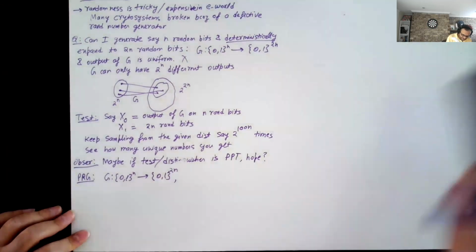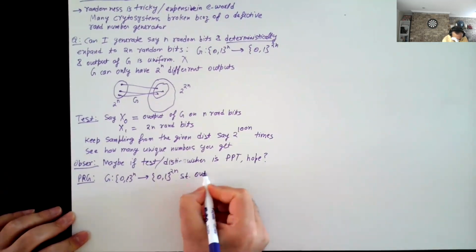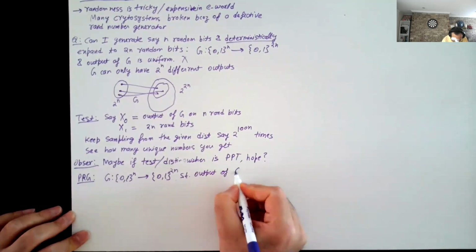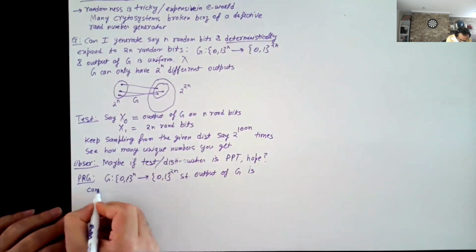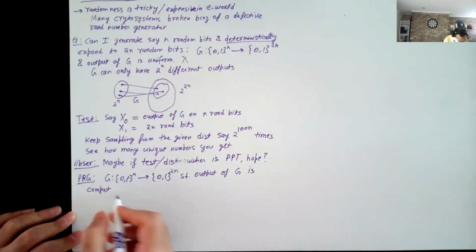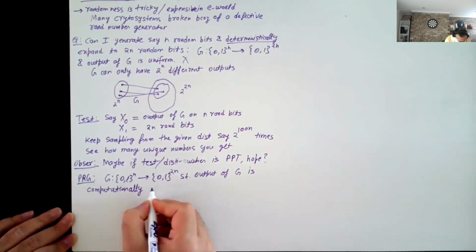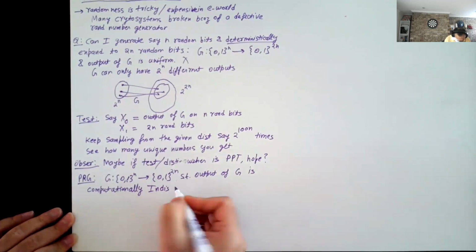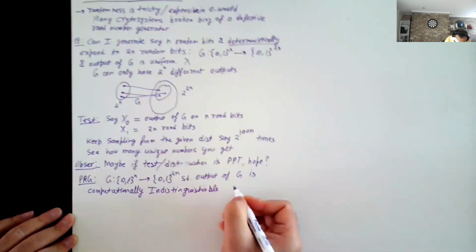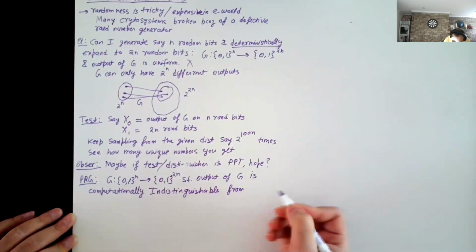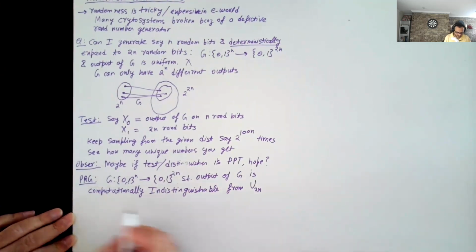So I want to design a function such that the output of G is computationally indistinguishable from U of 2n. This is the uniform distribution on 2n bits.